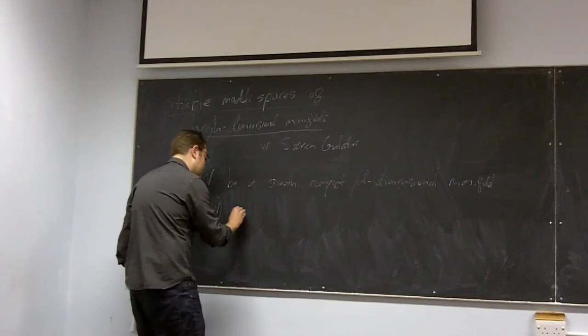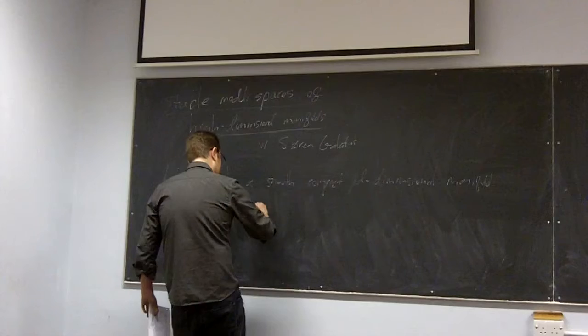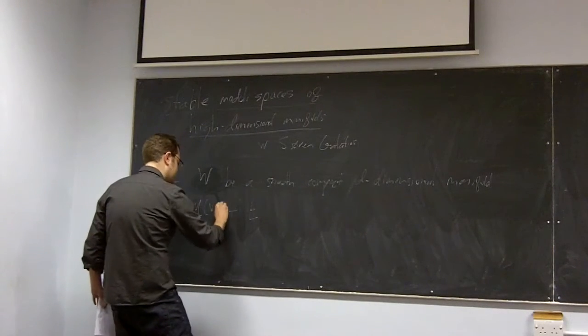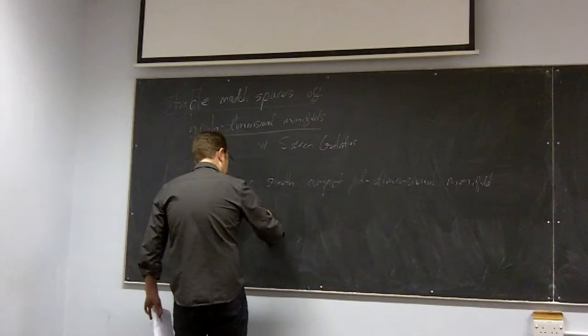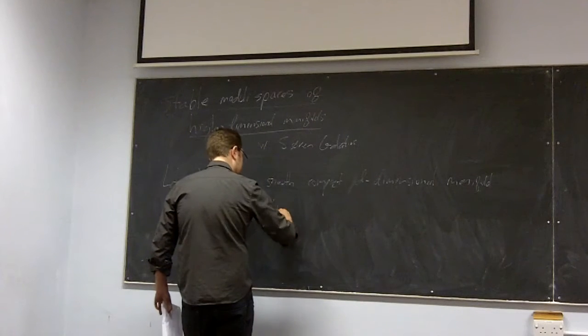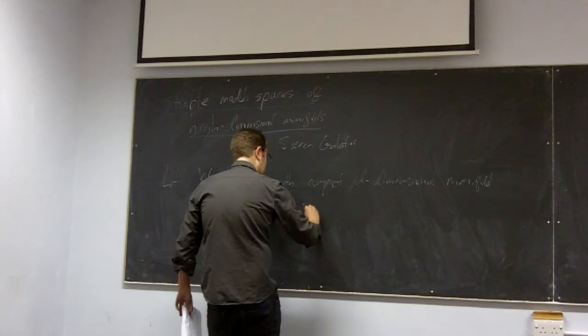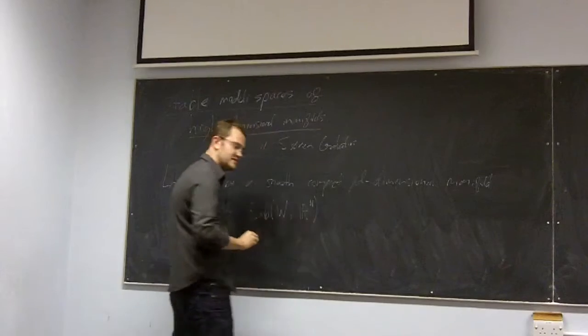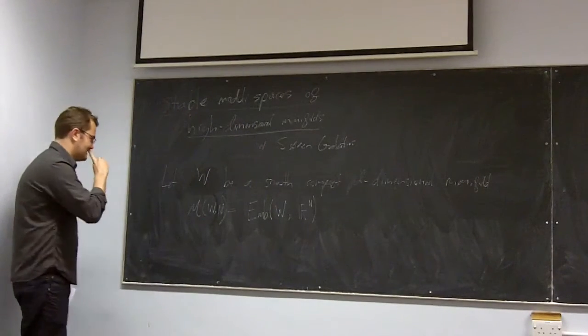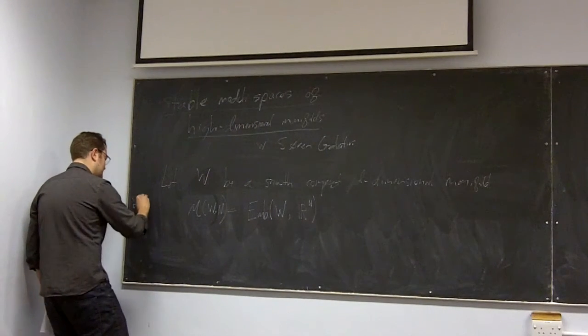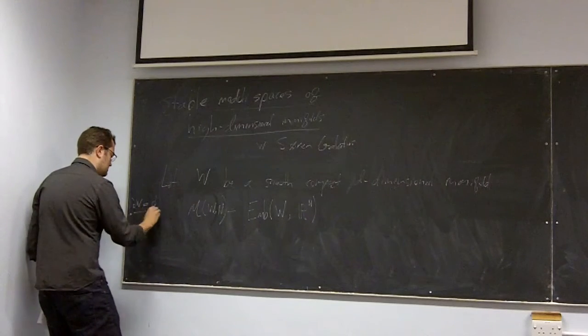And what I want to do is the following. I want to take, let me first define a decorated version. I want to take the space of embeddings of my manifold W into n-dimensional Euclidean space. And for this part, let me suppose that the manifold W is closed.